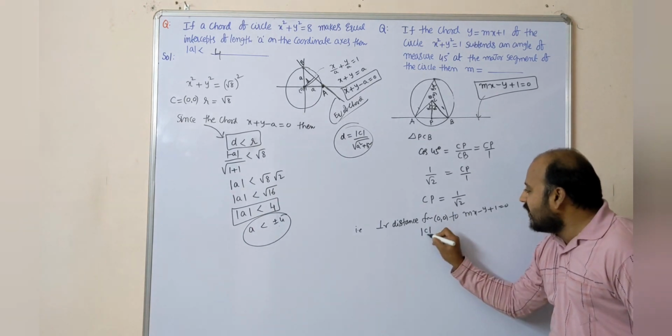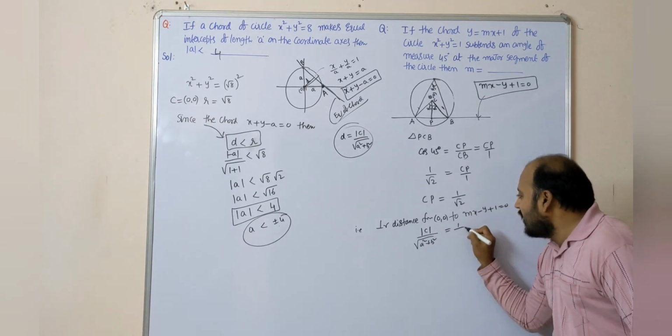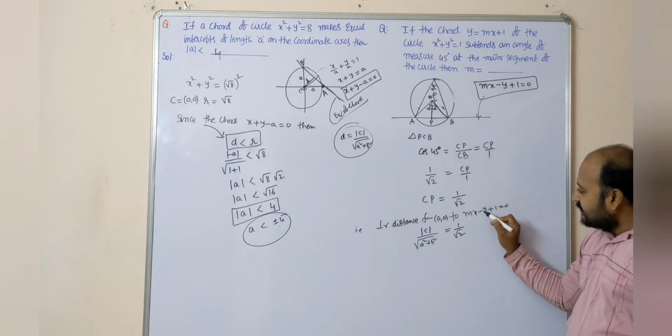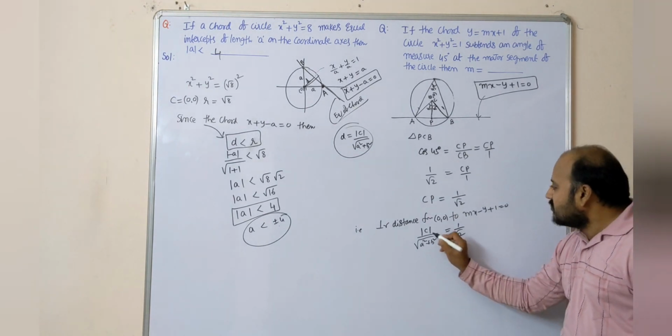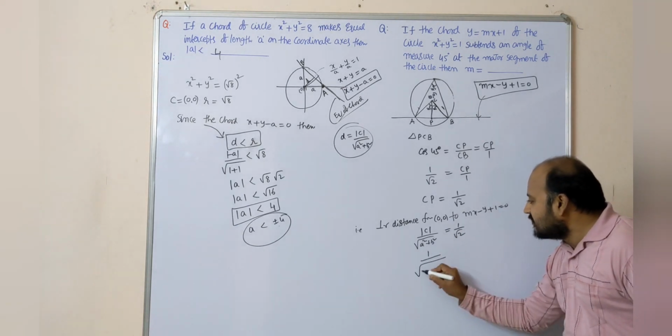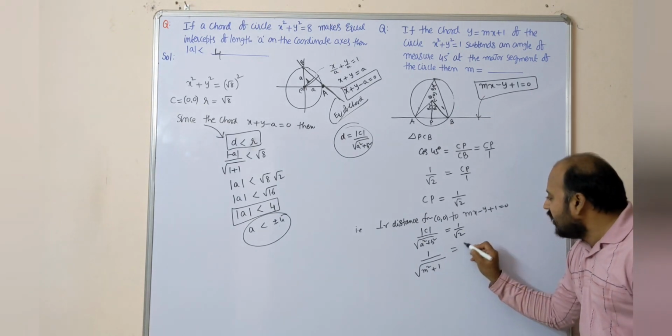So mod c by root of a square plus b square is equal to 1 by root 2. So 1 by root of m square plus minus 1 whole square equals 1 by root 2.